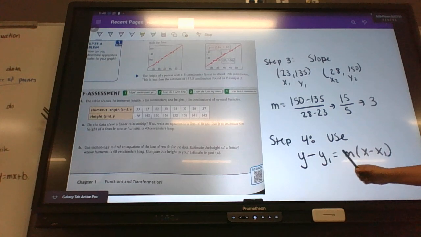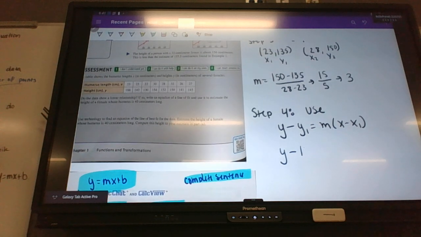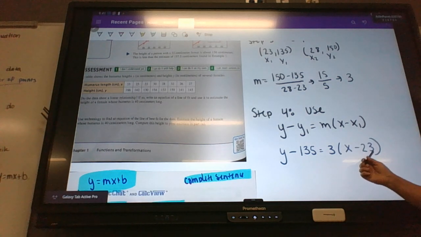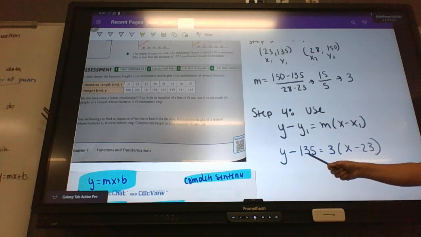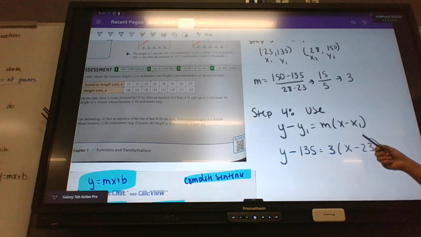So I already have x1, y1. I'm going to plug that in. And I already have the slope. I just found it. And I'm going to find myself an equation for my line. Plug in your x, your y, your m, and then we're going to use the distributive property.